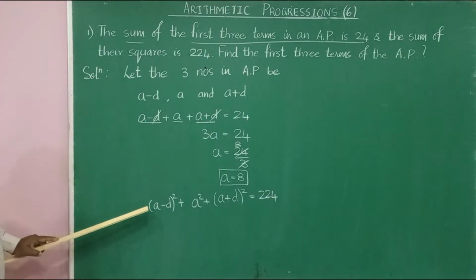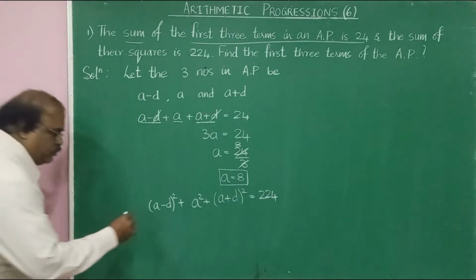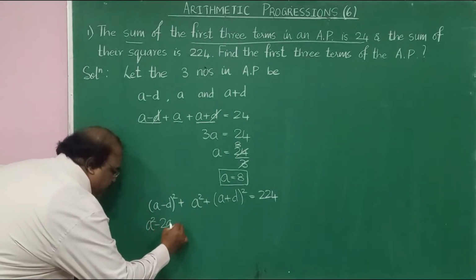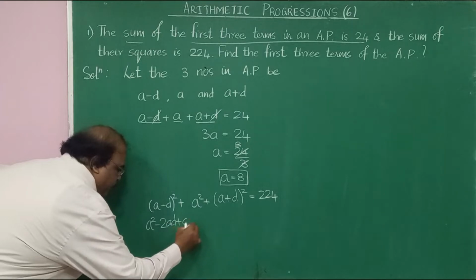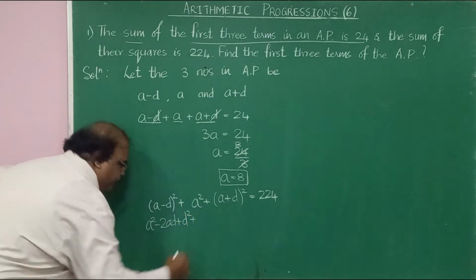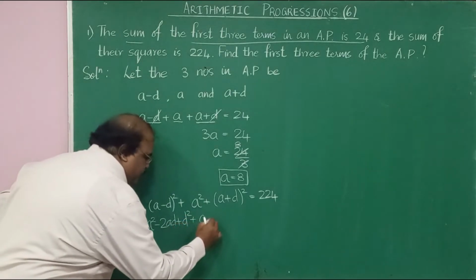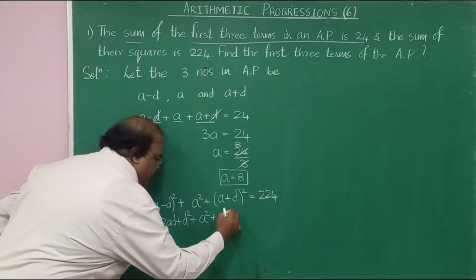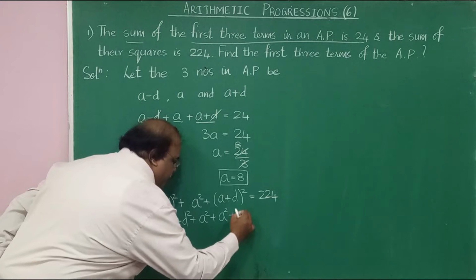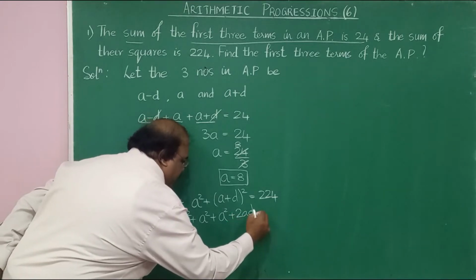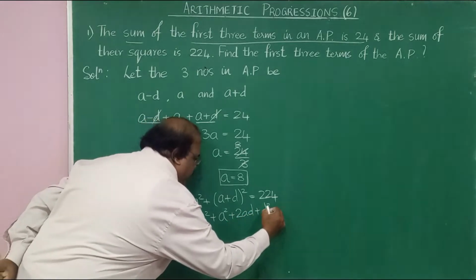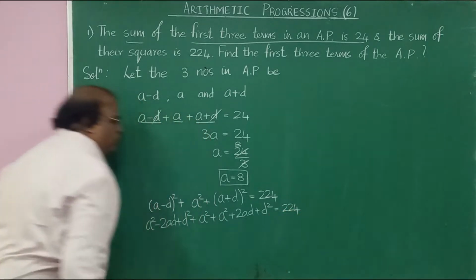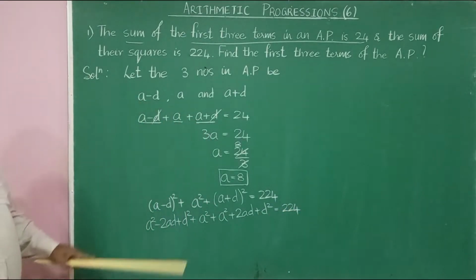Let me expand. (A minus D) the whole square is equal to A squared minus 2AD plus D squared, plus A squared, plus (A plus D) the whole square, which is A squared plus 2AD plus D squared, equal to 224.